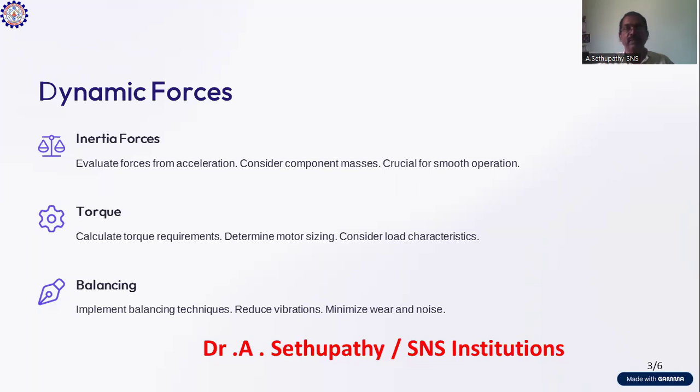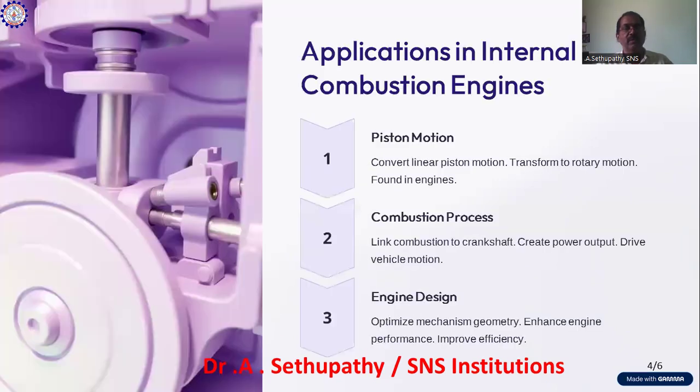Balancing is very important in the slider crank mechanism or any other mechanism. Unbalanced components create vibrations and noise, reduce efficiency, and cause more wear. So we avoid unbalancing by using the correct balancing mechanisms.